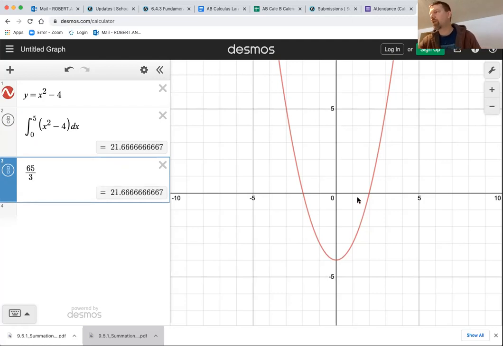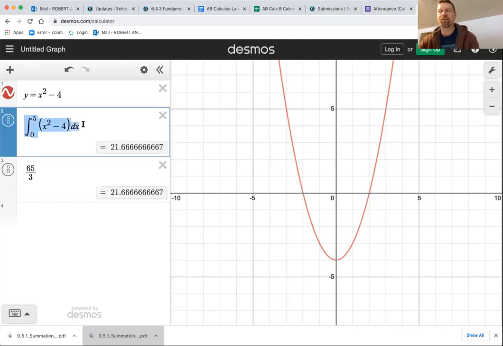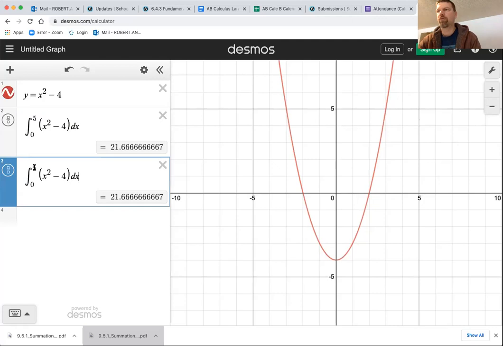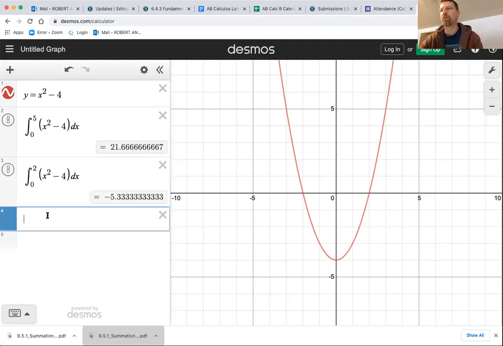However, if I want the total area, I need to find this area down here and that area up there separately. It crosses right at x equals 2. So if I wanted to find those, I could find the integral from 0 to 2, which is negative 5.33. And then I could find the integral from 2 to 5, which is 27.